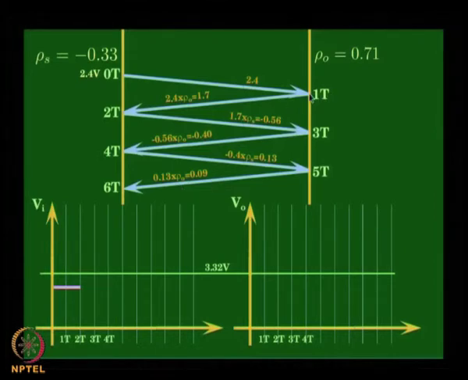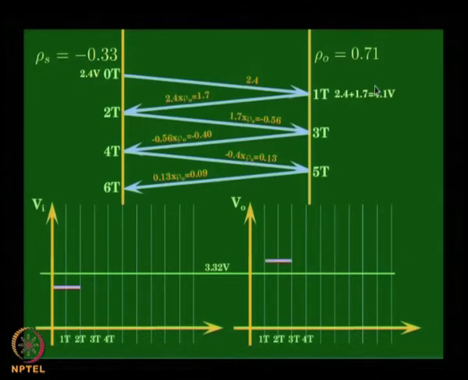Now, at every point of this reflection, you have 2.4 reaching here and 1.4 which is going out. So, at this node point, the voltage at this load side will be whatever is arriving and whatever is leaving, it is an algebraic sum.